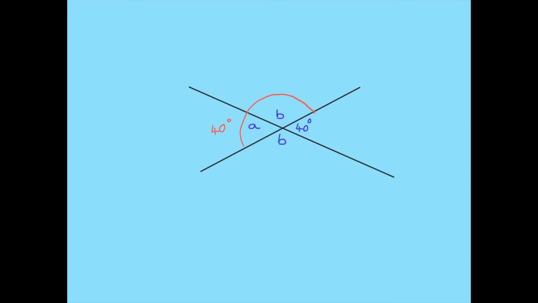So if A is 40 degrees, then B must be 180, take away 40, which gives 140 degrees. And if this B is 140 degrees, then this B must also be 140 degrees because they're vertically opposite. So now we know all the angles around this point.